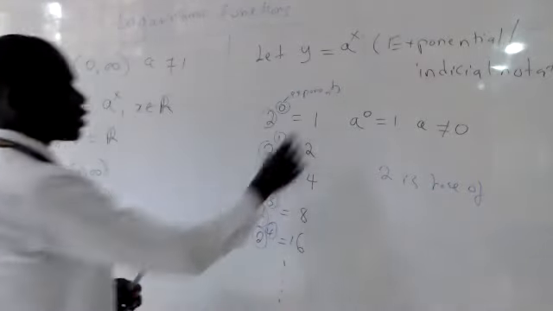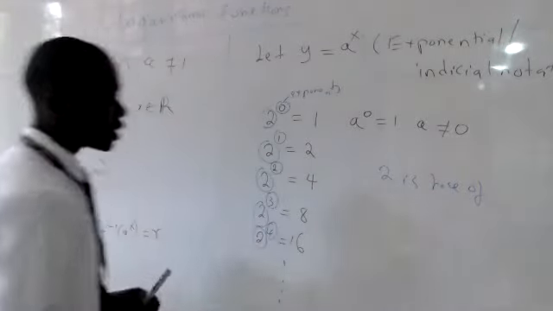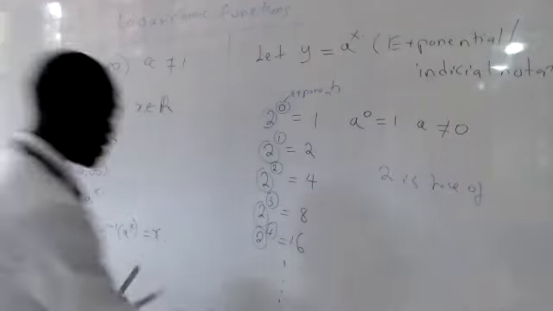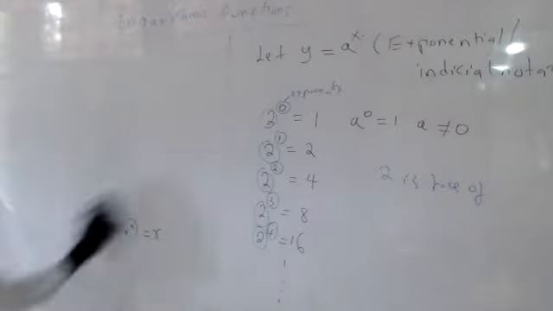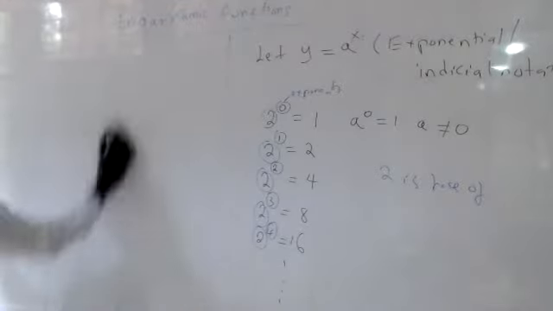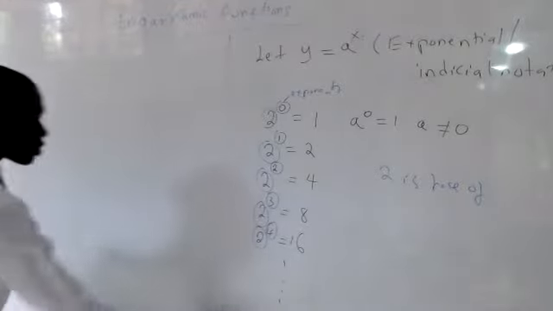And then these 1, 2, 4, 8, and 16 are just numbers. So these exponents are what we call the logarithms. The logarithm is simply the exponent to which a base is raised to give a number.